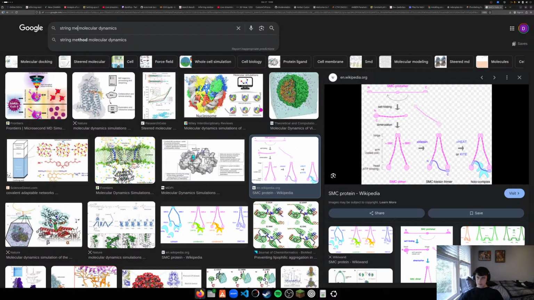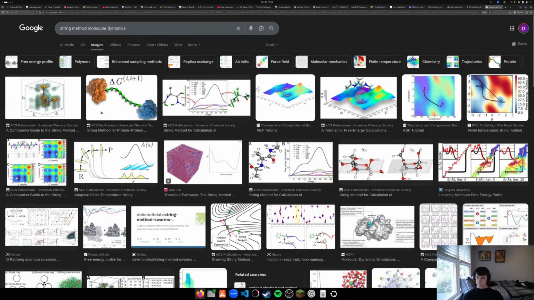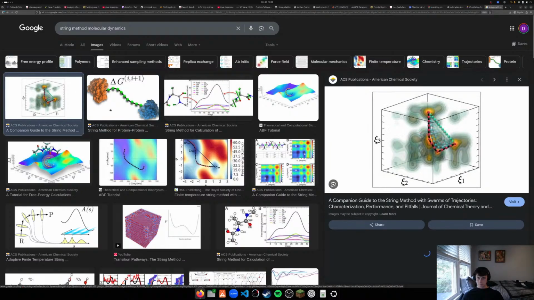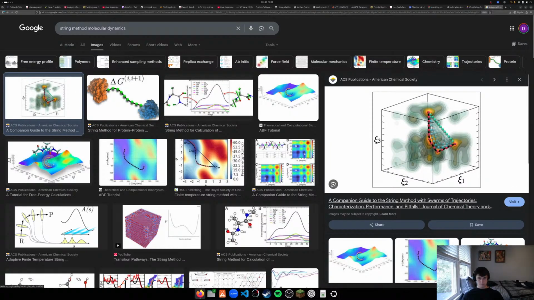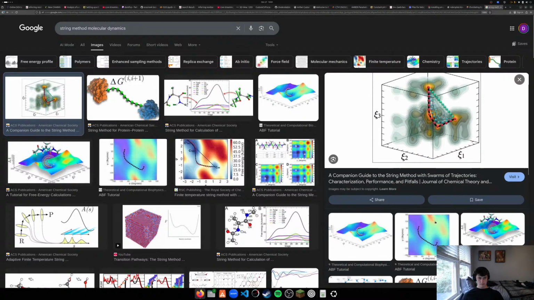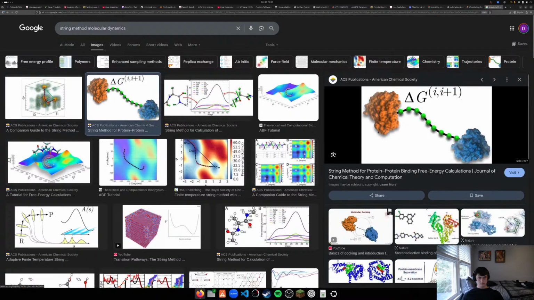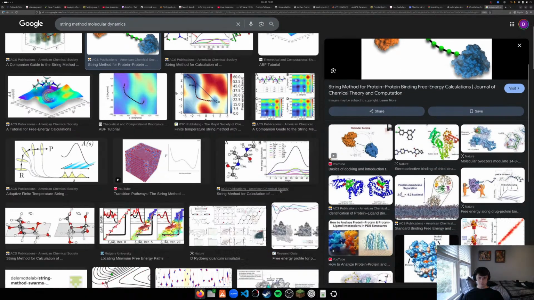String method. There we go. With swarms of trajectories. This would be a good figure, I think, to drop in.